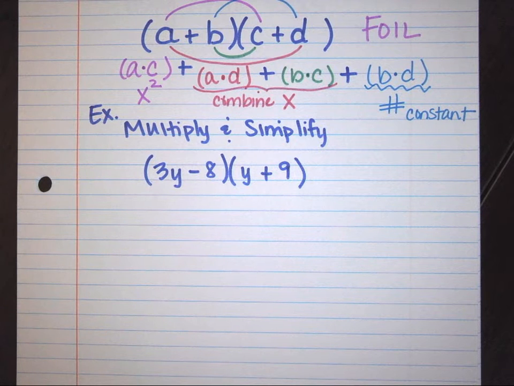So it says that we have to multiply and simplify. So again, we are going to do first, outer, inner, last. So let's take a look at what that looks like. So first, again, is your first two terms combined together.